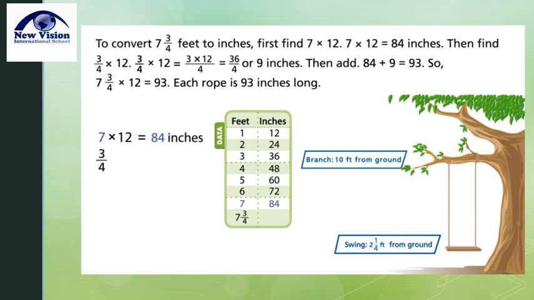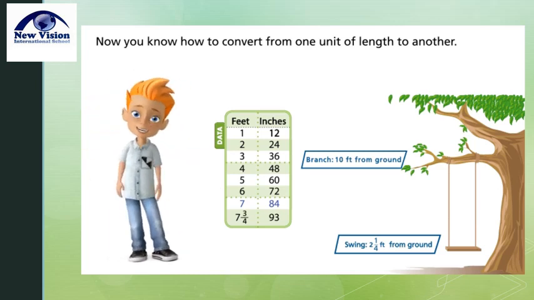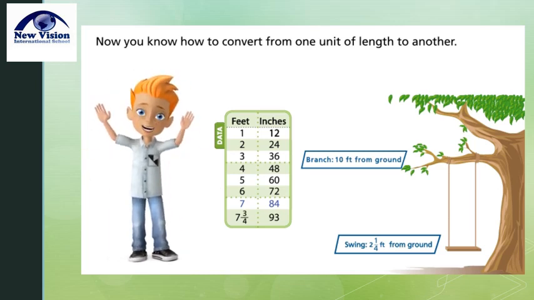Then find 3/4 times 12. 3/4 times 12 equals 3 times 12 over 4, which equals 36/4, or 9 inches. Then add. 84 plus 9 equals 93. So 7 3/4 times 12 equals 93. Each rope is 93 inches long. Now you know how to convert from one unit of length to another.